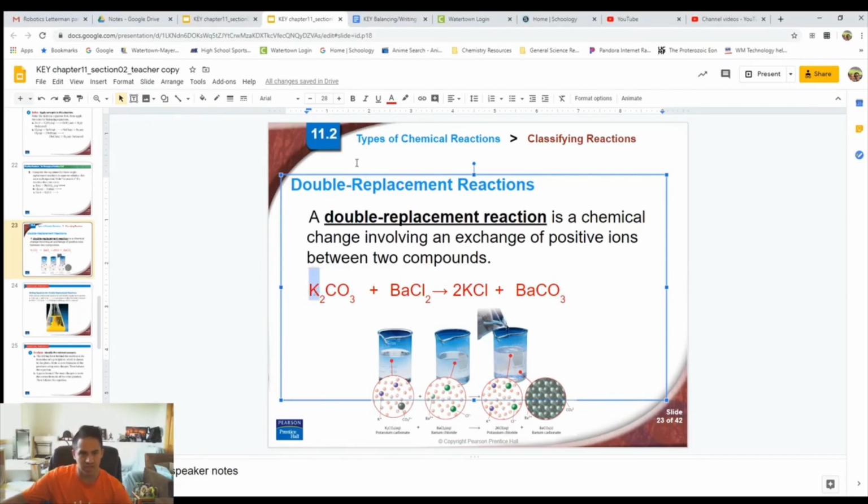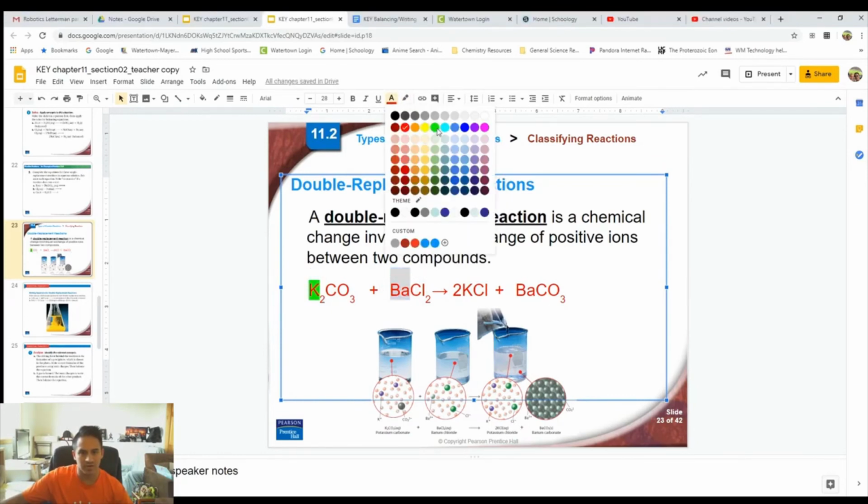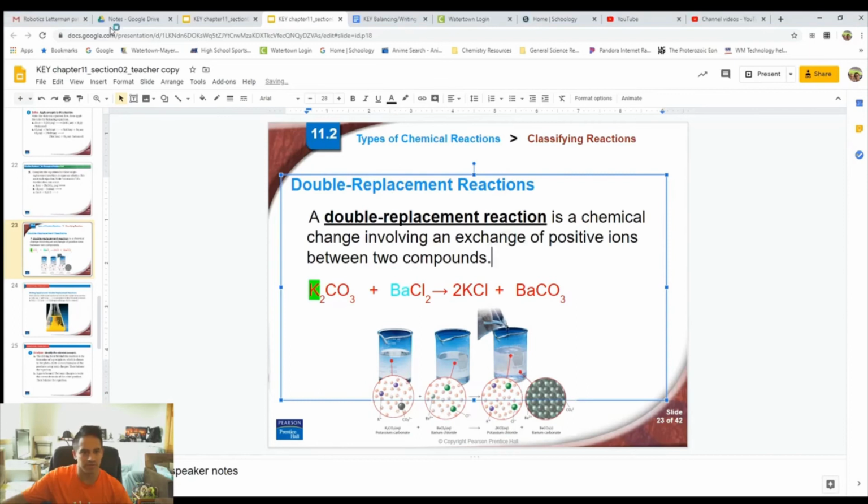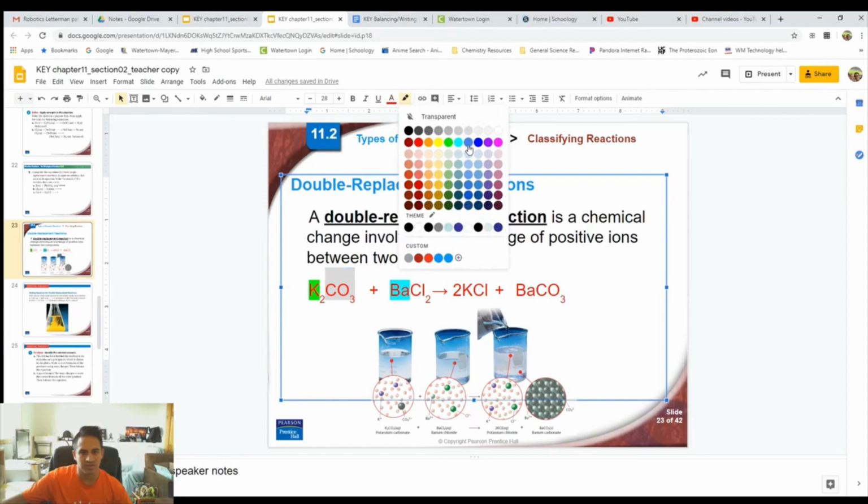So this element here and this element here swap with each other. Oh, that's not what I meant to do. I meant to highlight that. There you go. So those 2 swap so that the carbonate and the chloride are then bonded with the other things.